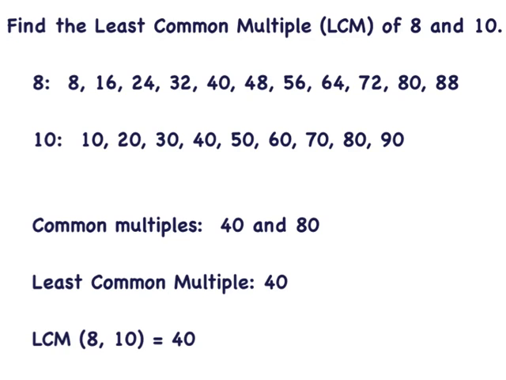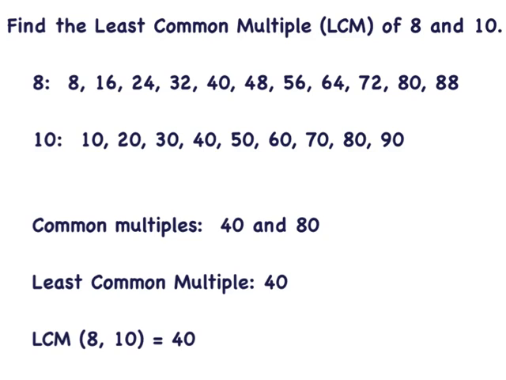So what if we were given this problem that said, find the least common multiple, the LCM, of 8 and 10? Well, the first thing I need to do is list the multiples of 8. 8, 16, 24, 32, 40, 48, 56, 64, 72, 80, 88, and of course the list goes on. And then I would list the multiples of 10. 10, 20, 30, 40, 50, 60, 70, 80. Well, what do they have in common? What numbers do you see in both rows?